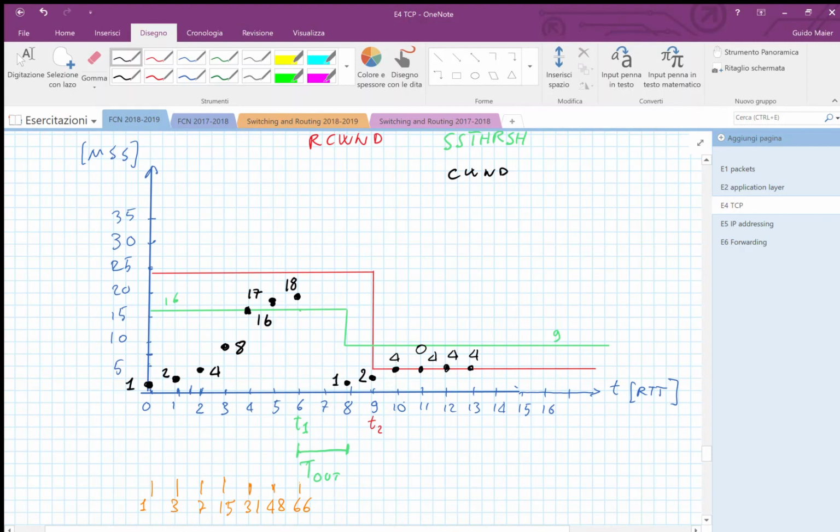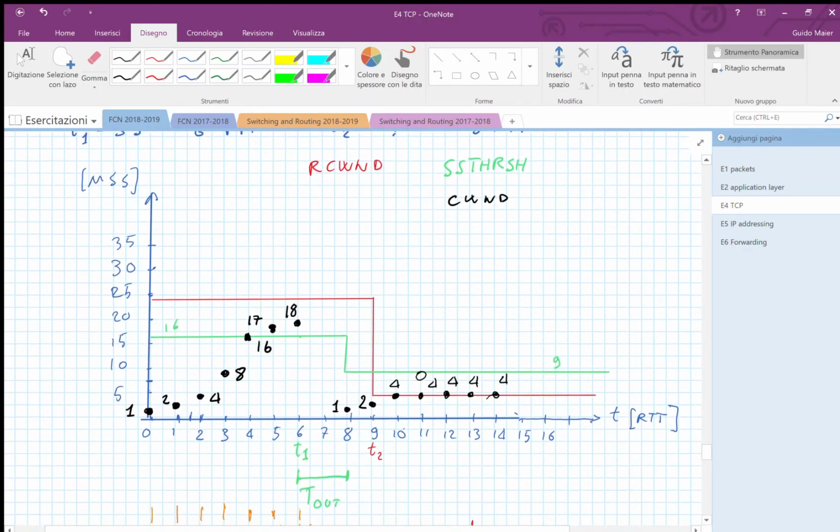Okay, now we can go on with counting the segments, because we have retransmitted all the 18 that were lost, and we have also transmitted one more of the segments of the file, okay. The file was 79.